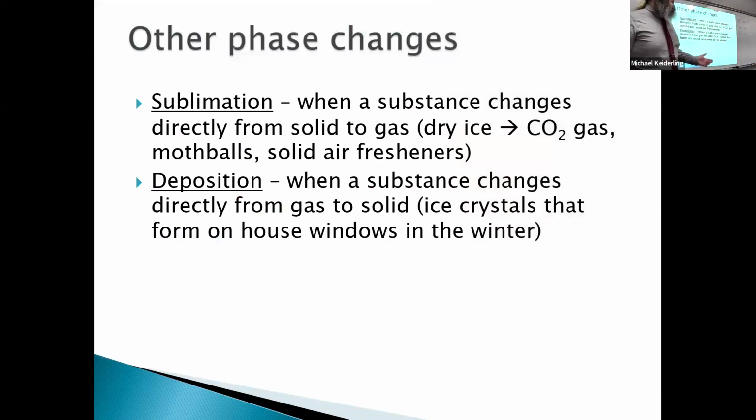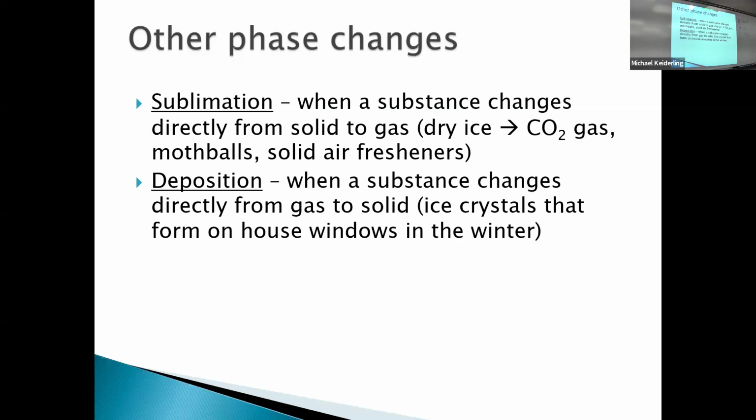There are other phase changes. So there's sublimation, where a substance changes directly from solid to gas. So dry ice is solid CO2. It goes directly to CO2 gas. To get liquid CO2, you need to be at a much higher pressure.